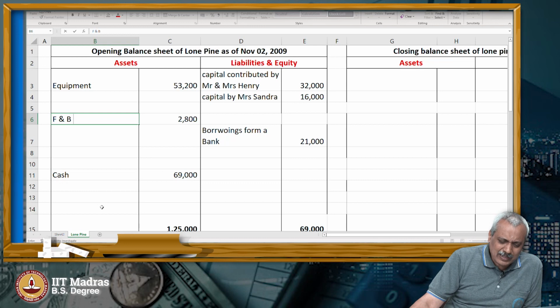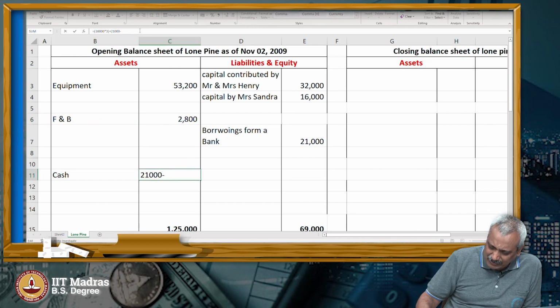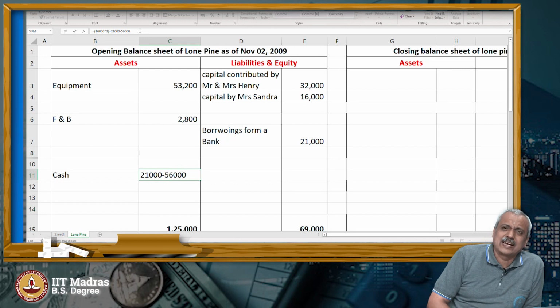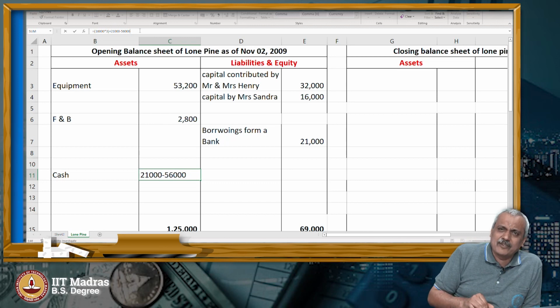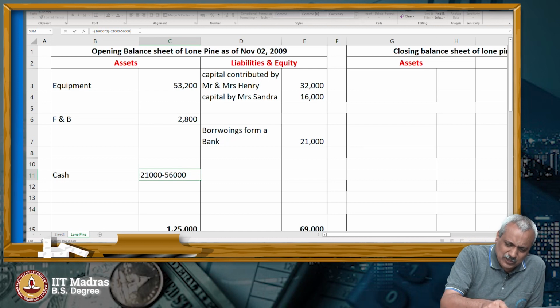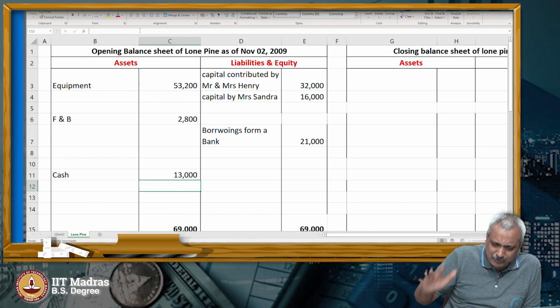So, what is the amount that they have spent out there? The cash they have spent is $56,000, 35 plus 21, and bought an equipment as well as some food from the previous cafe. So 53,200 plus 2,800 is 56,000, and that is exactly the amount they have paid.